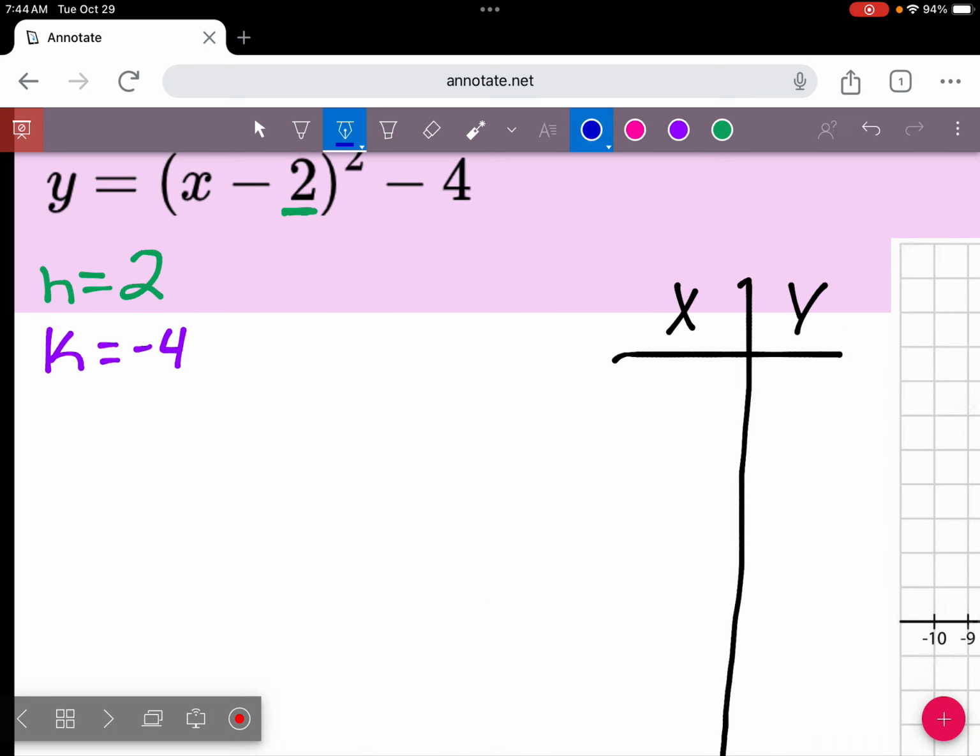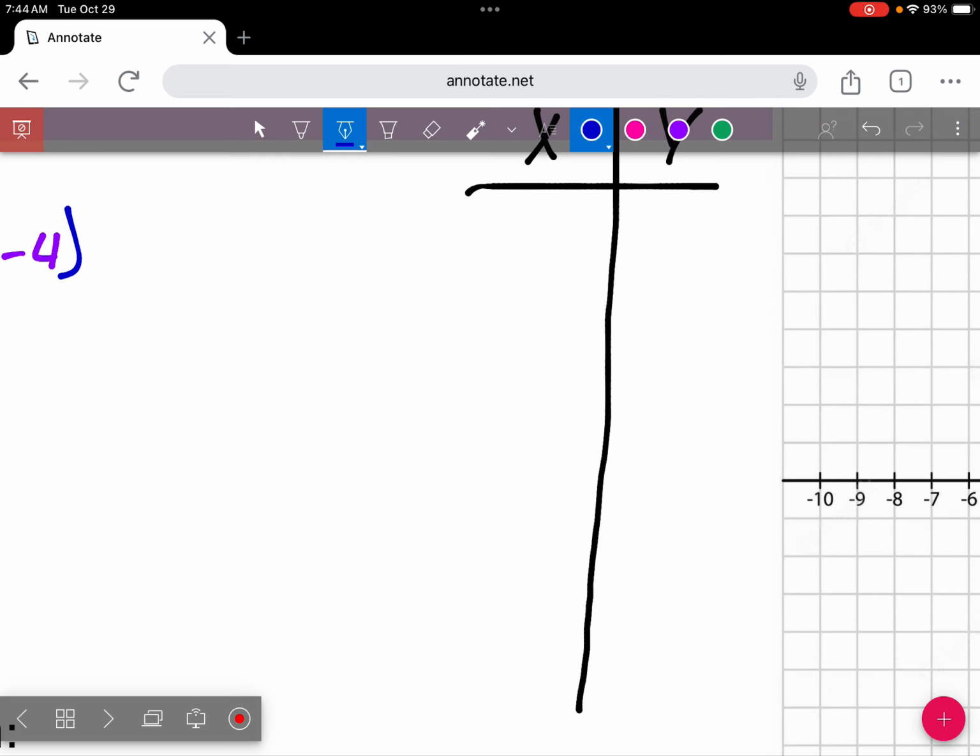So my vertex is at what point? 2, -4. Well, that's going to be the middle on my table. That's where we're going to start. So we're going to put our vertex here in the middle. So we're going to have 2, -4.